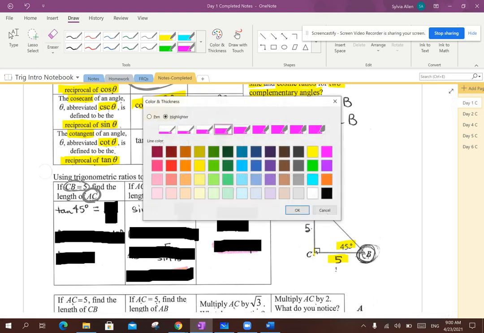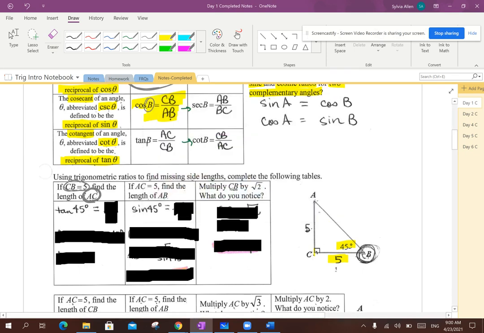Let's pretend we didn't know. Then we would have to use the tangent ratio because we're looking for the opposite leg and we know the adjacent. So tangent of 45 degrees is equal to the length of the opposite leg over the adjacent. And then we're going to multiply both sides by 5.